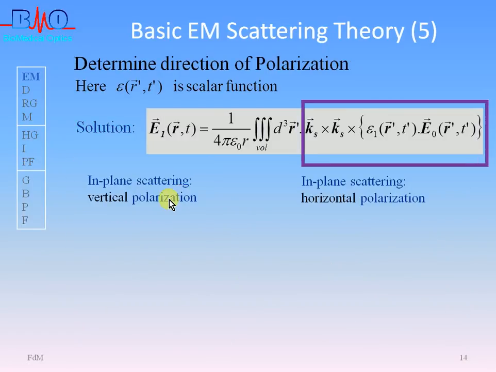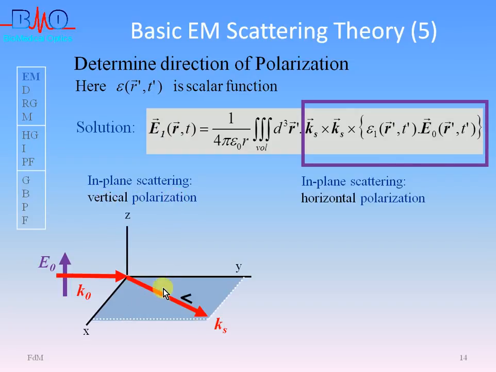Then we have in-plane scattering, vertically and horizontally polarized, as is seen here, the in-plane scattering. Then Ks times E0 is directed in this way, and E1 will be directed in this way.